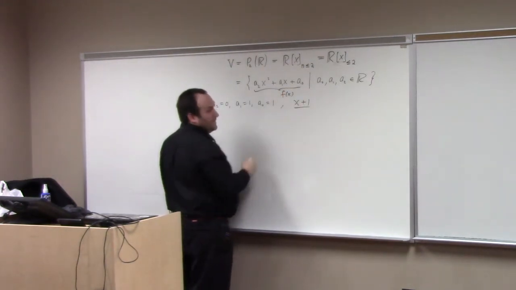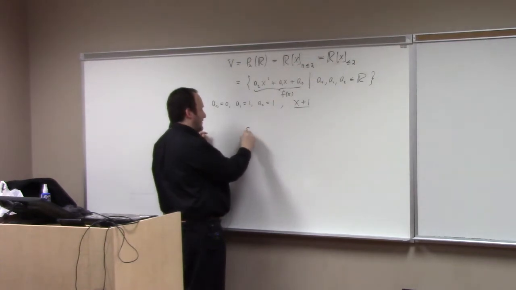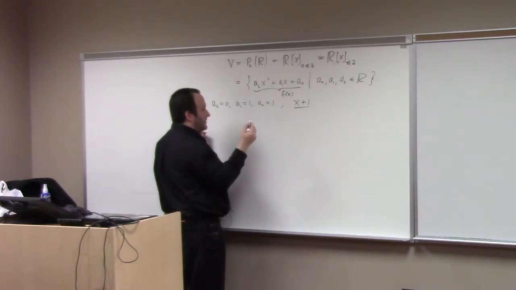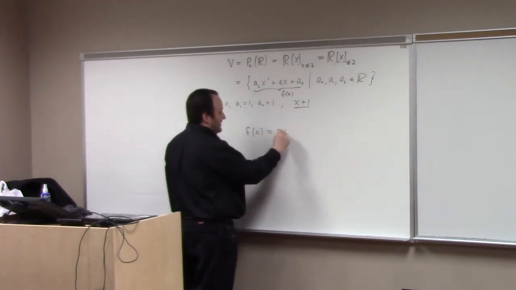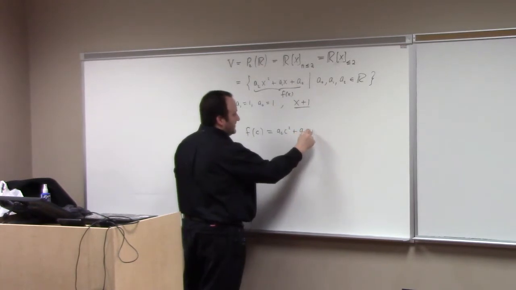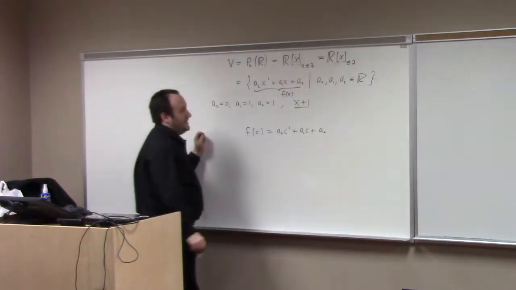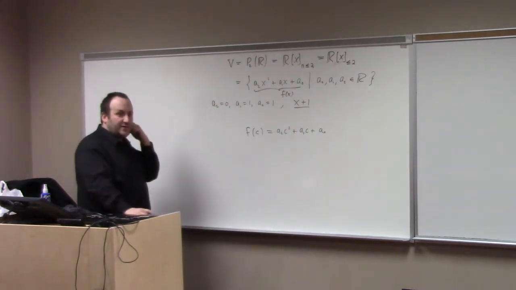For example, f of a is what? Well, you give me a letter. C. Excellent. It would be a2c squared plus a1c plus a naught, right? So there's a natural identification of polynomials with polynomial functions, which is helpful for us in examples like this, because we can exploit what we know about polynomial functions to look at these sorts of things.